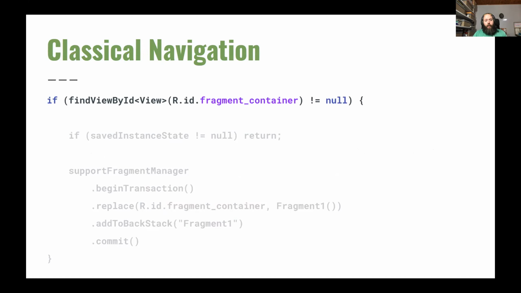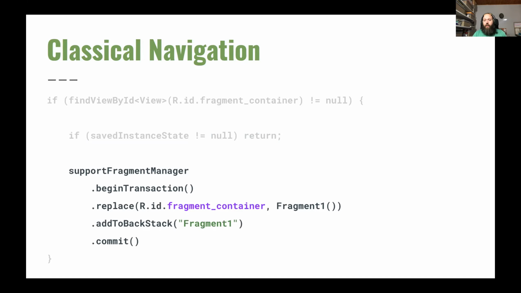First of all, we must check if our fragment container exists, because we can't put a fragment inside a view that doesn't exist. Then we should check if it's the first time we are in this activity or in this fragment, because we might reload the same fragment by accident in the same container, and this is not good.